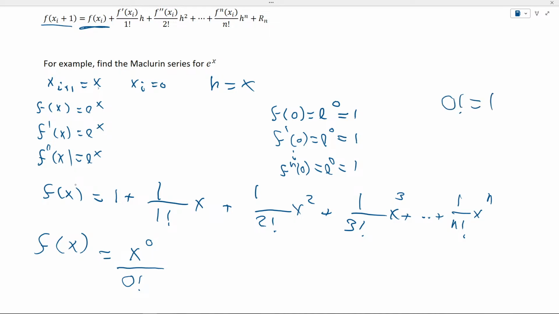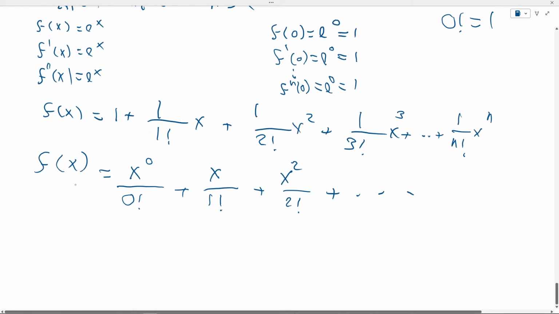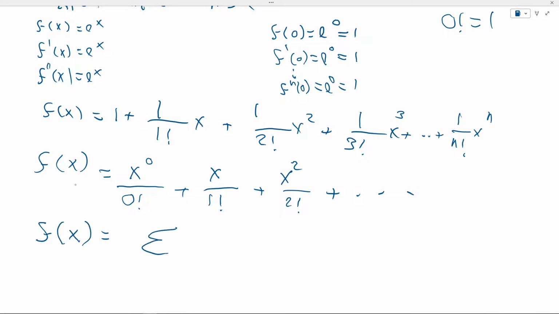Plus x to the 1 over 1 factorial, plus x squared over 2 factorial. Wow! And then all the way down. What does this mean? This means that f of x is equal to the summation of x to the power n over the factorial of n, from n equal to 0 to n equal to infinity.